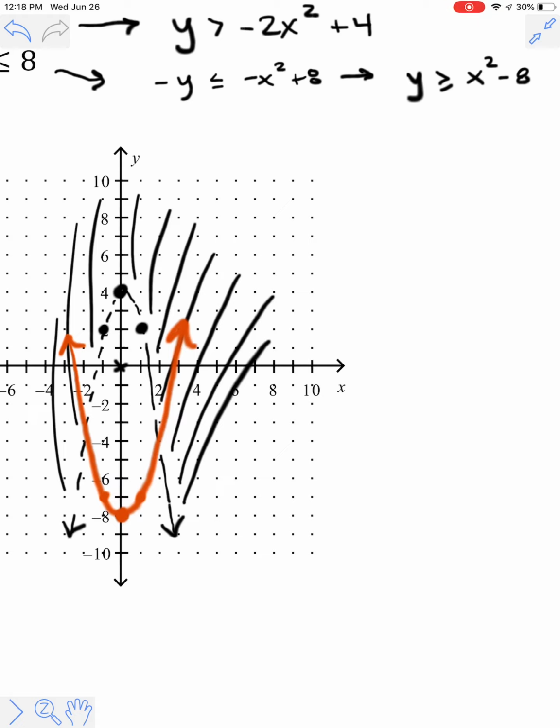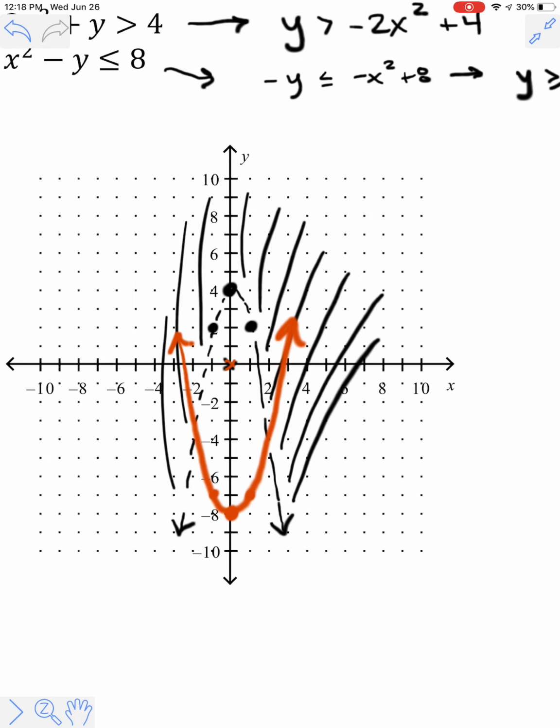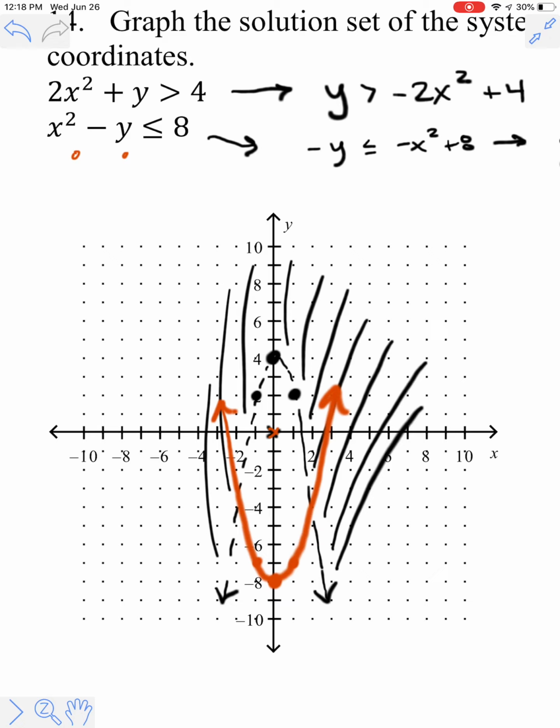And now we need to figure out where the shading is, so I'm going to use the same test point (0, 0) to figure out the shading. So if you plug a 0 in for x and y into that second inequality, we'll be able to figure out where that shaded region is. So if I plug in a 0 for x and y, I get 0 is less than or equal to 8.